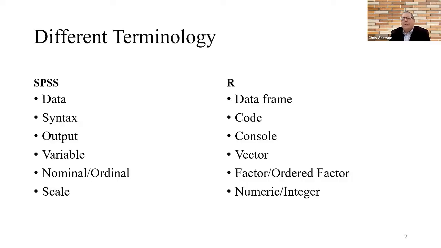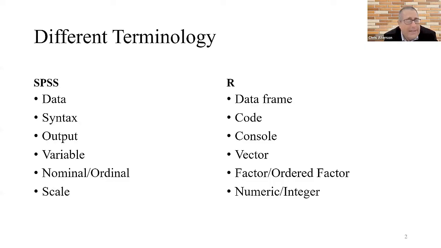In R, you'll often hear this referred to as a data frame. It's just data. There's really no difference between the two. It's just the terminology piece. SPSS, we talk about syntax. In R, we talk about code. Pretty much the same thing. You have a coding language that you can use to write things.